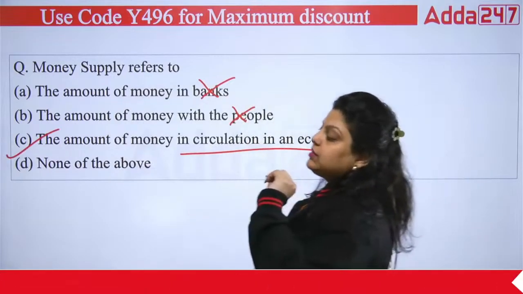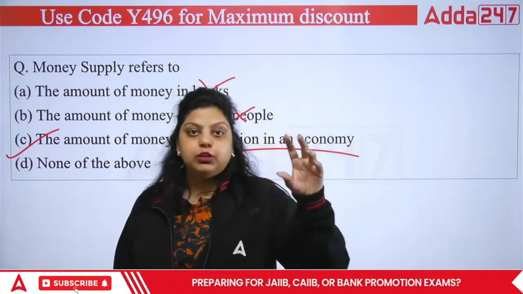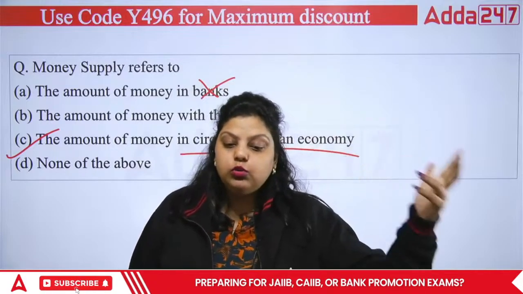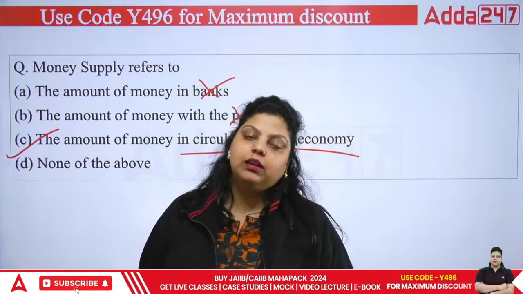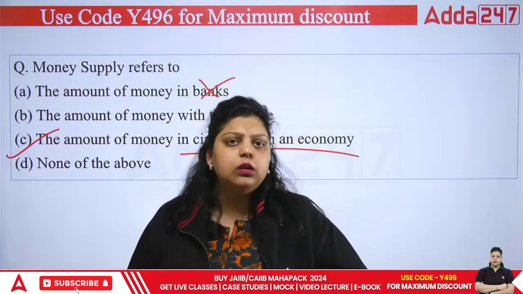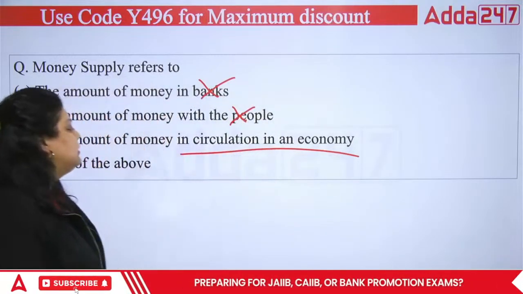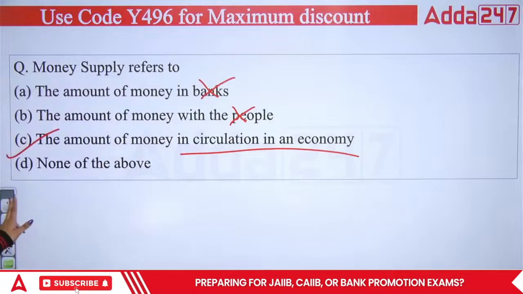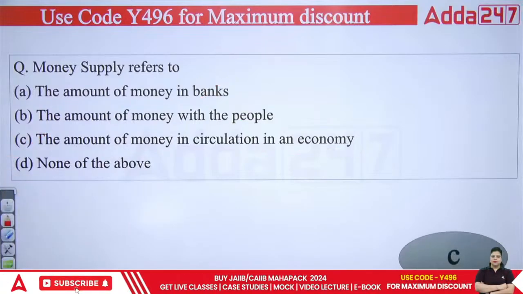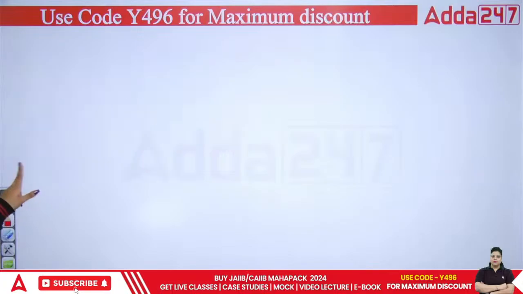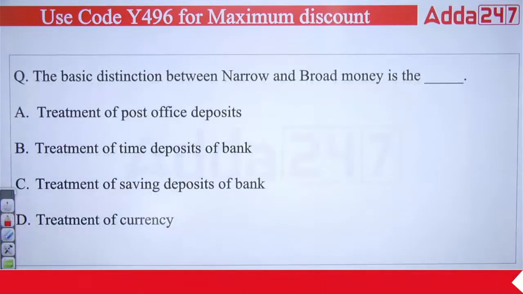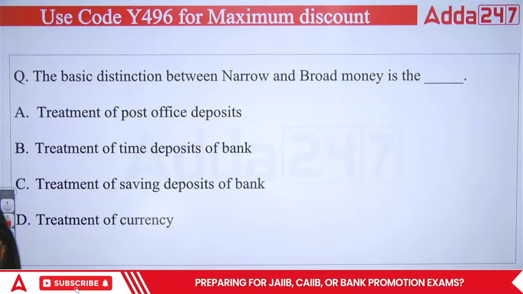Because in the starting of the session, I told you RBI has introduced measures of money simply to calculate how much money is available in the economy. So it is the money supply which is available in the economy. The amount of money circulation in the economy. Right answer is C.